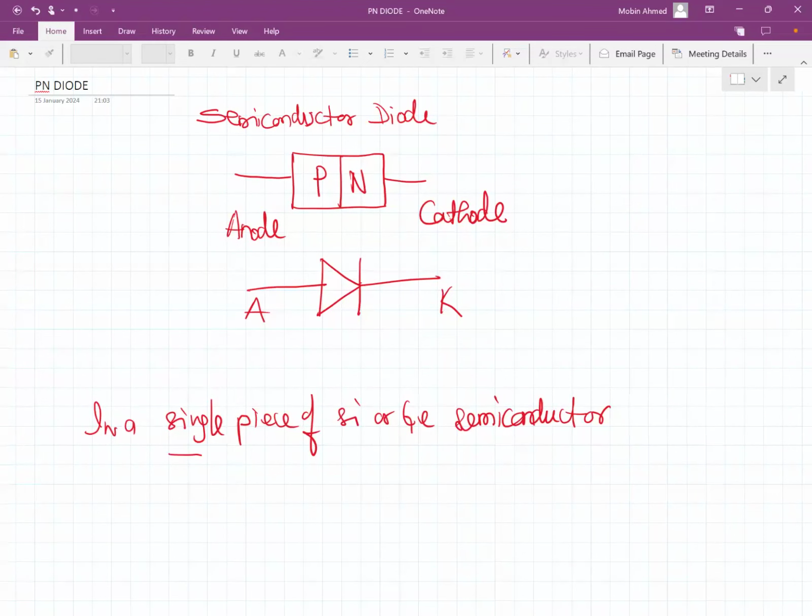This is also known as a substrate or a bar, we can say a bar of silicon and germanium.